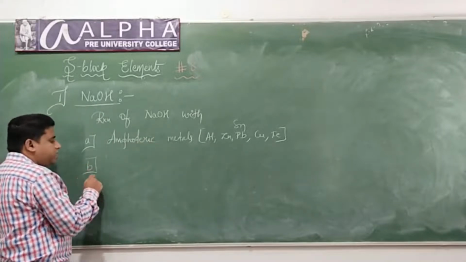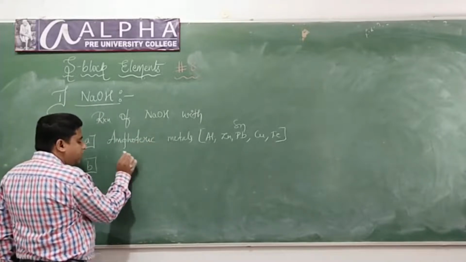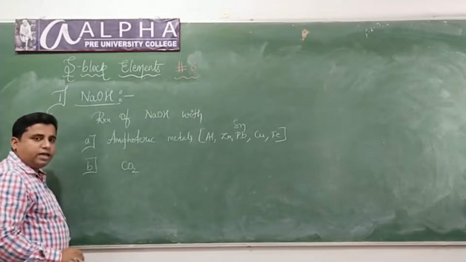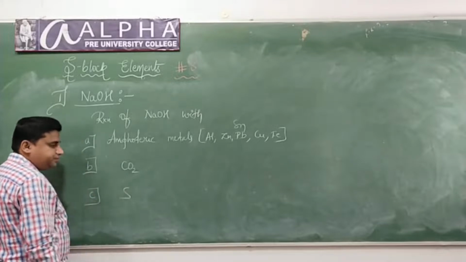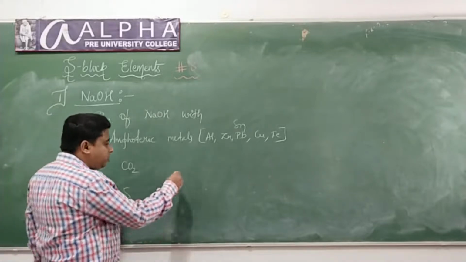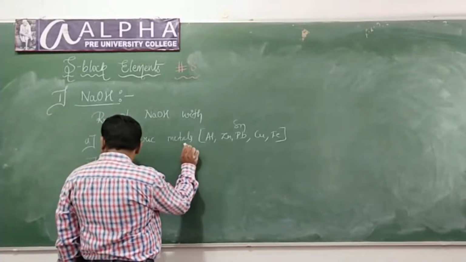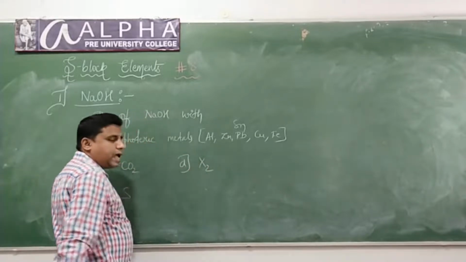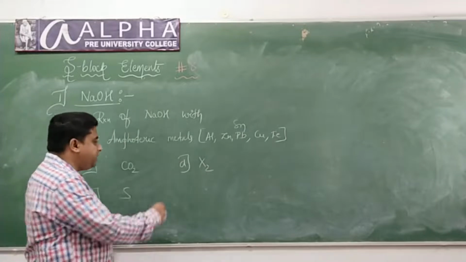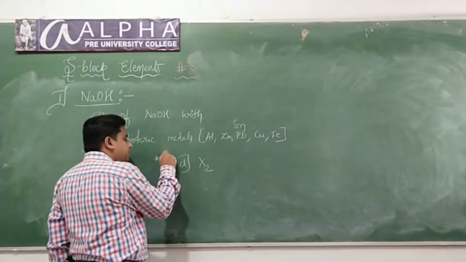Reaction of sodium hydroxide with carbon dioxide. Reaction of sodium hydroxide with sulfur. Understood? Reaction of sodium hydroxide with halogens. This is very important.